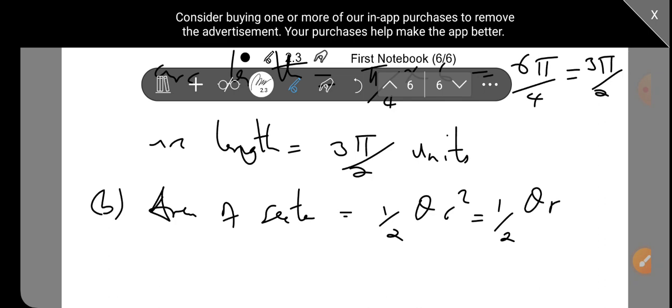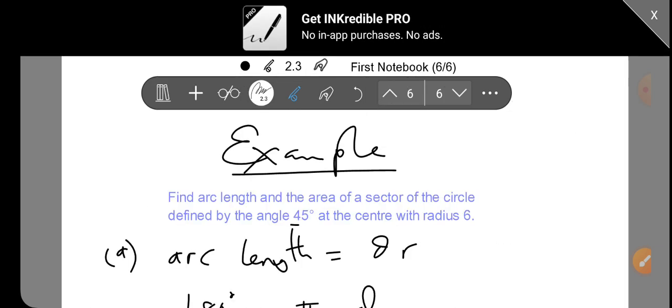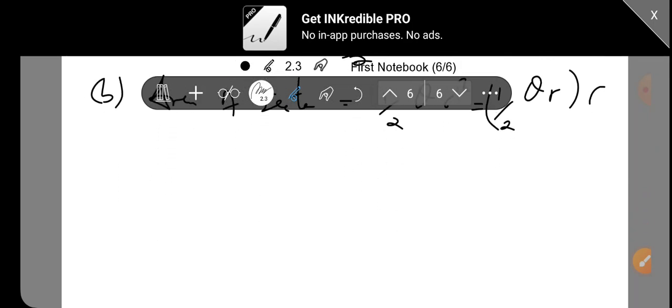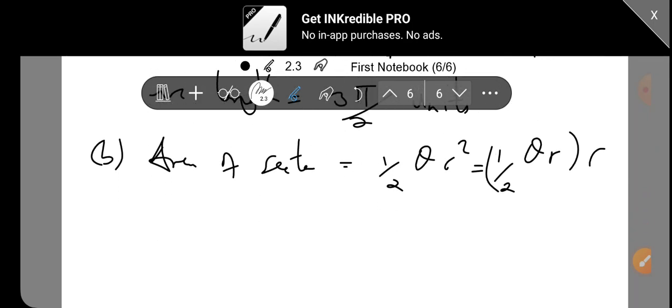We have already found theta r, that's the arc length, which is 3 pi by 2. You just have to find half of this one.